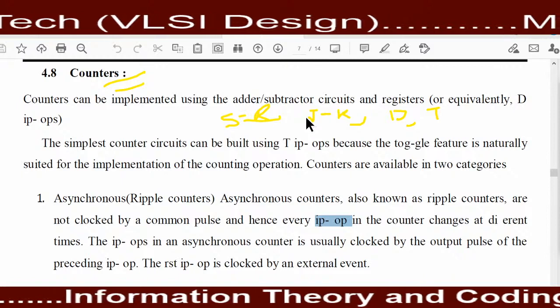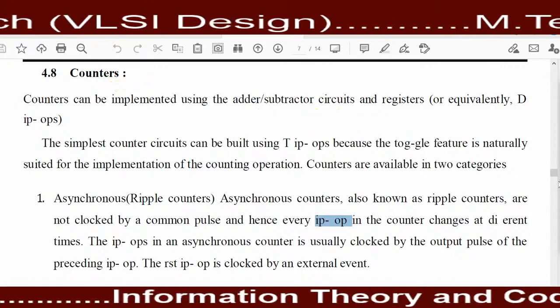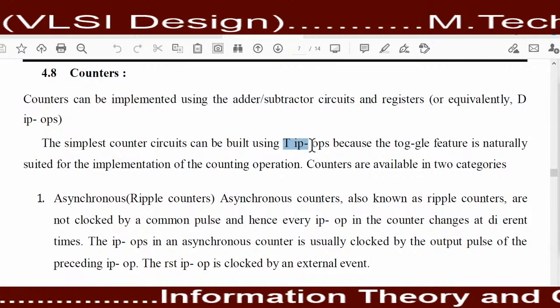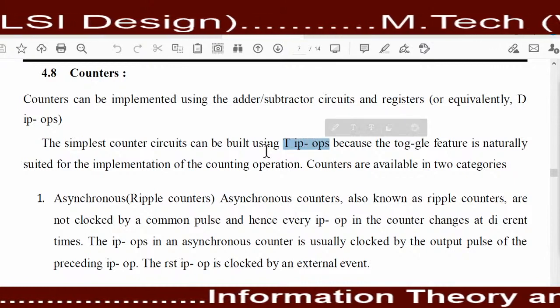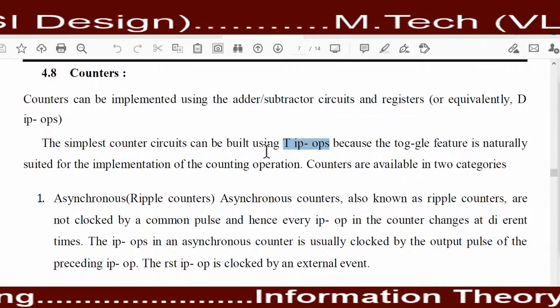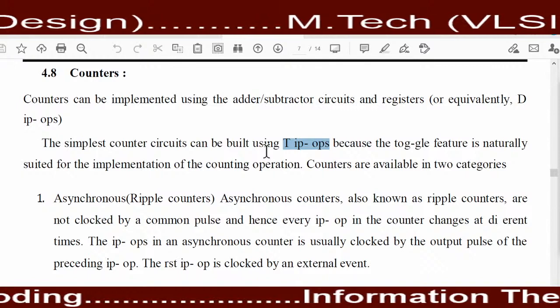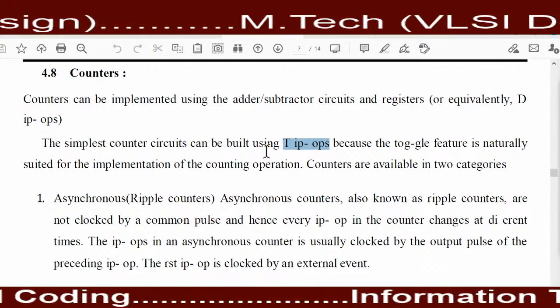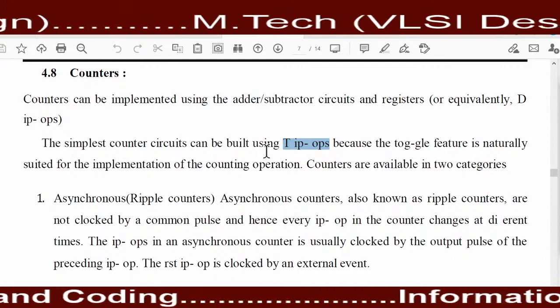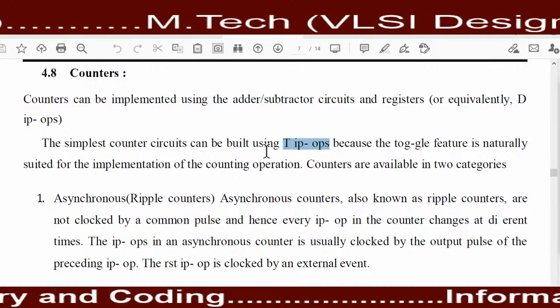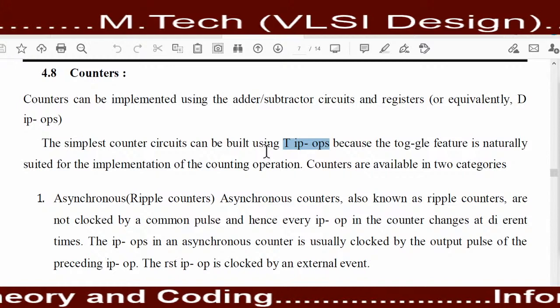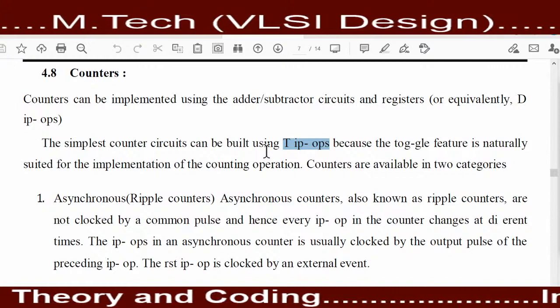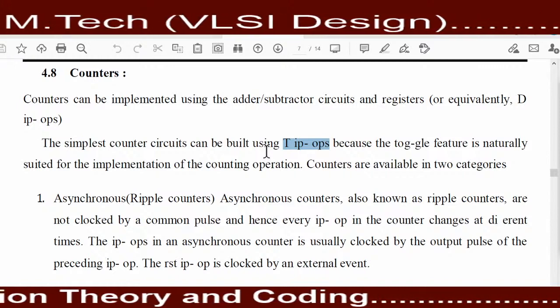when we design counters, for designing a counter circuit, we always use the T flip-flop. We always use the T flip-flop because the T flip-flop has a different feature that doesn't exist in SR flip-flop, JK flip-flop, and D flip-flop. What is that feature? That feature is toggle.